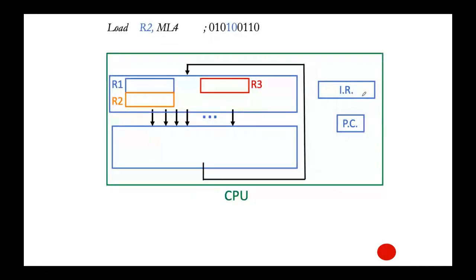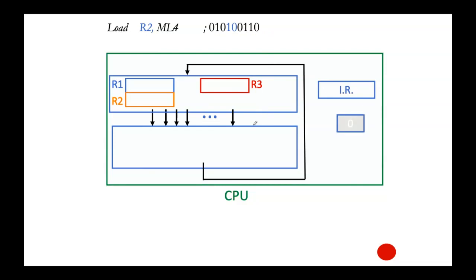So what happens next in the execution? Suppose you have the operation that loads the operand in your memory location 5 into your R2. Based on its encoding, for load it is 010, for R2 it is 10, and for the memory location suppose it is 0101. Then let us see how this execution happens.